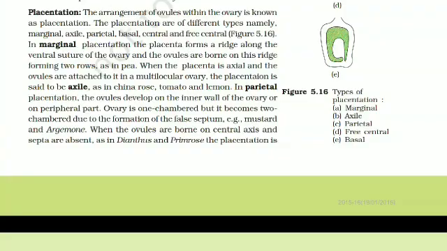Now, we have just learned a term known as placenta. You also learned that the ovules remain attached to the placenta. Now, how do they remain attached to the placenta, or what are the different types of this arrangement, which is known as placentation, is our next topic. So, the arrangement of ovules within the ovary is known as placentation.